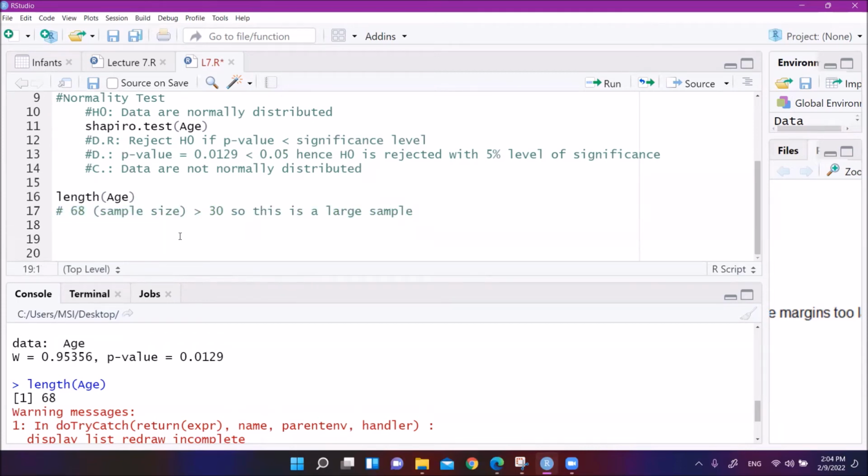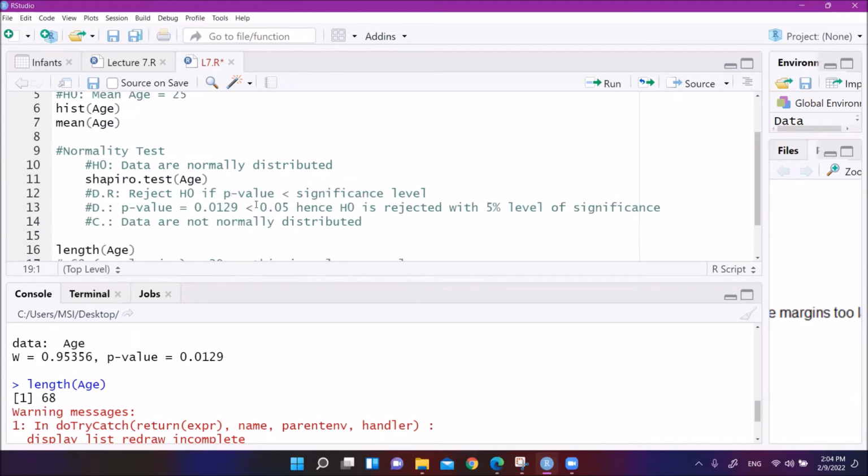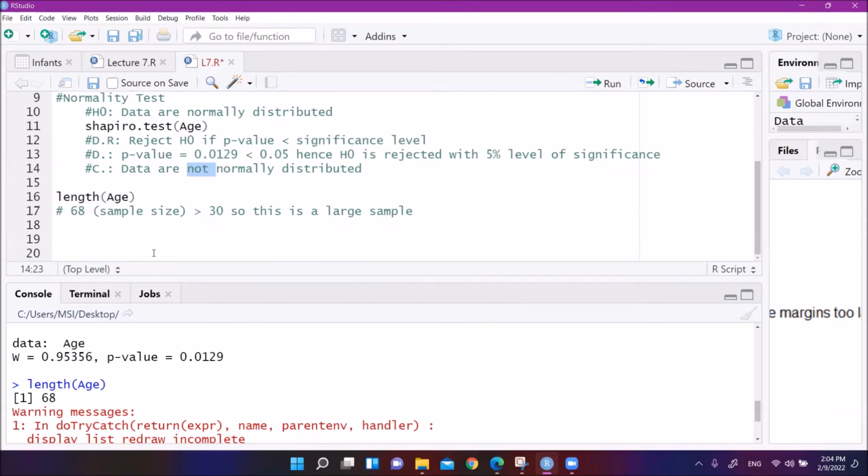Don't take that too seriously. Or I could change the significance level to 0.01, increase the confidence to 99%, and say H0 is not rejected. We do not have enough evidence to reject H0 at the 1% level of significance, and I can simply say the data are normally distributed. Anything, right?